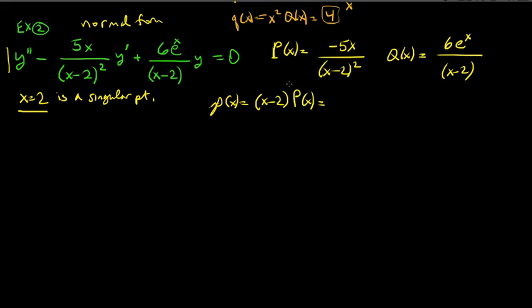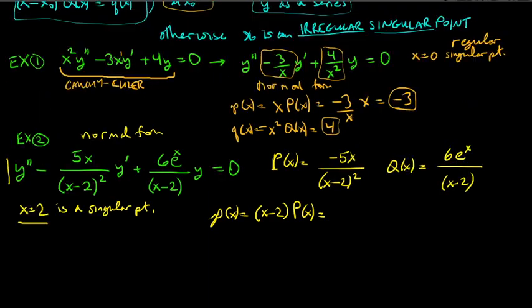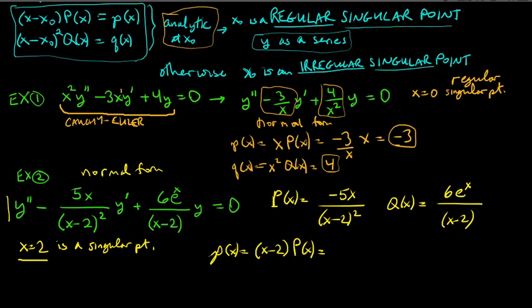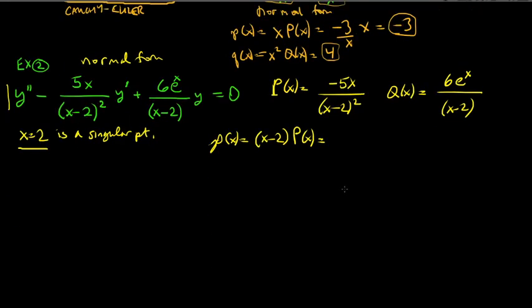Remember, for p, you're only multiplying by x minus x0 to the 1. So you see what happens. You get negative 5x still over x minus 2. And this is not analytic at x equals 2.